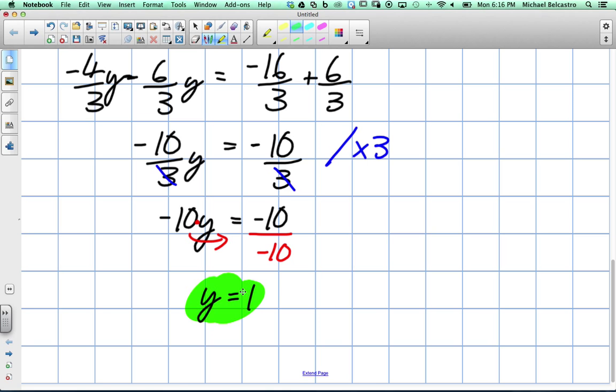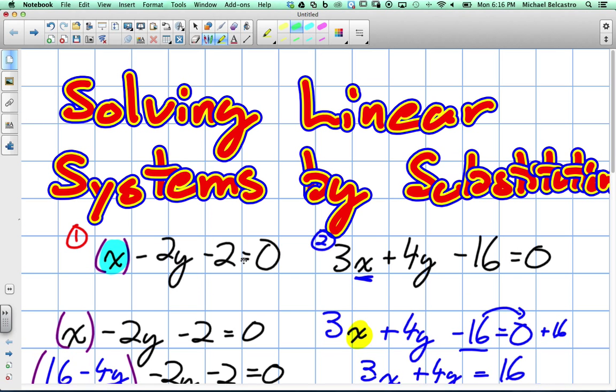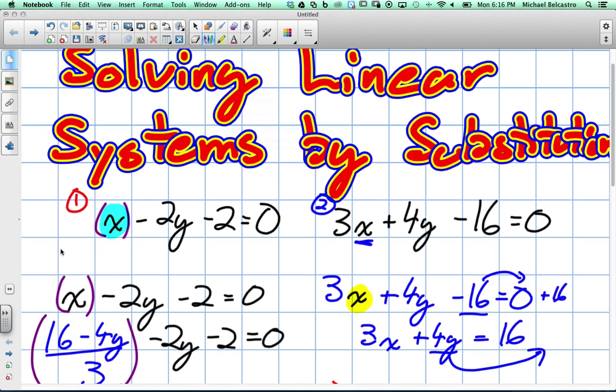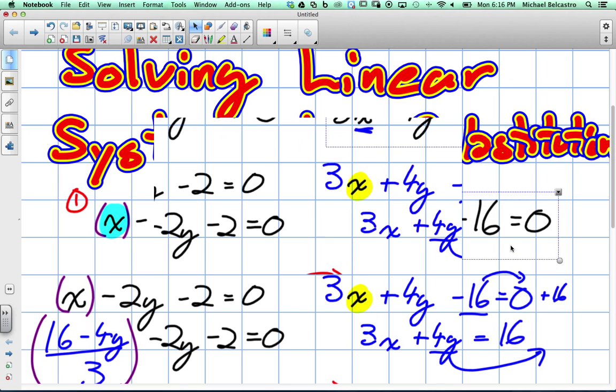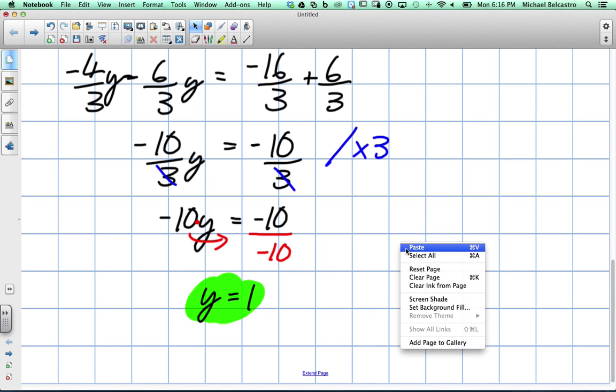We've got y. We can now take this y value and plug it in either to equation 1 or equation 2 to solve for x. Which equation would you like to plug it into? Equation 2. Okay, so let me just copy it and paste.